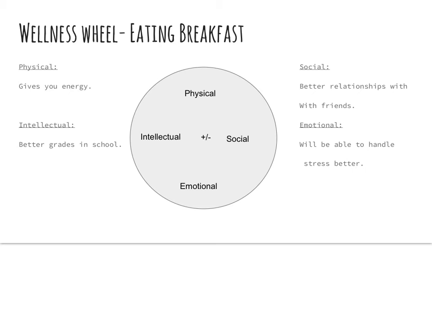Emotionally, my diet affects my response to stress, so I'll be able to handle stress better. I'll have the energy and the concentration to focus on what I need to do or develop in order to cope with a specific stressor of the day.